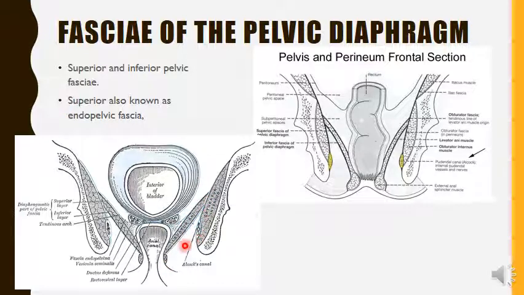The inferior fascia of the pelvic diaphragm is thin, covering the inferior surface, and laterally it is continuous with the obturator fascia. Medially it forms the medial wall of the ischioanal fossa. Here, if you see, this is the ischioanal fossa. Clear?